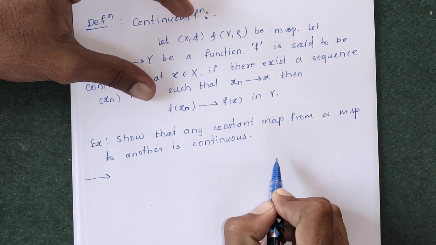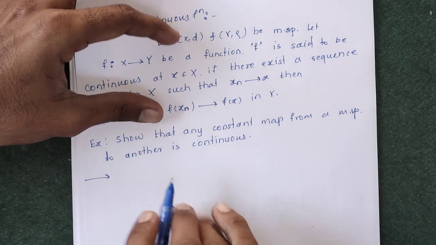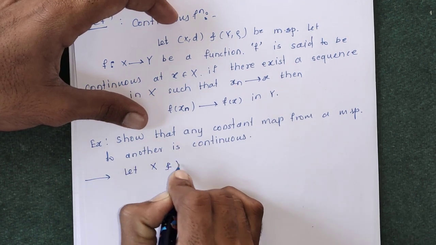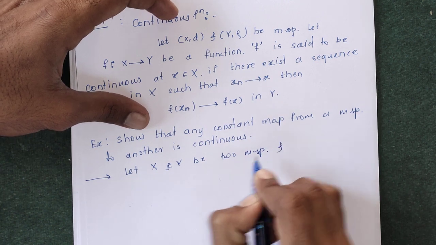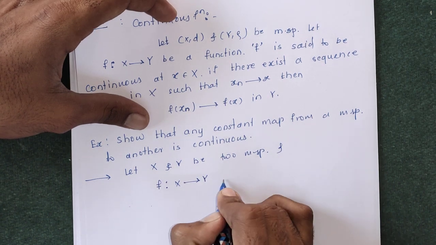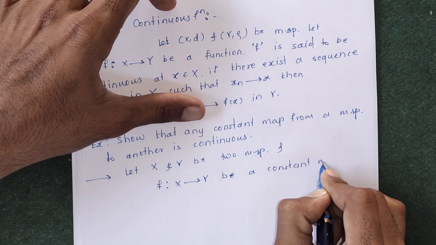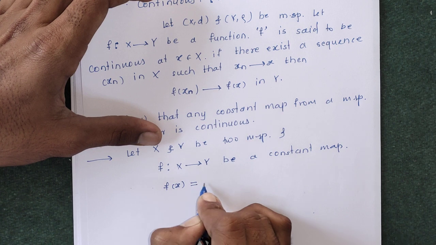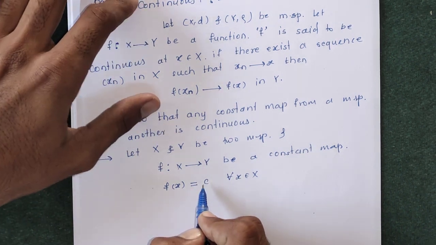That is, f of x is equal to some constant c for all x belongs to X. For every element of X, the image of that element is some c. This is the definition of constant function.